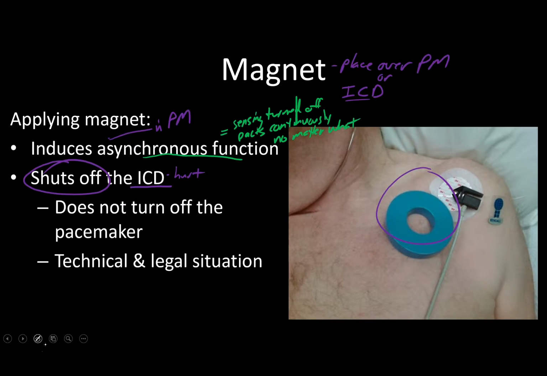Basically what happens is the pacemaker now no longer looks to see what the patient is doing and just goes ahead and paces all the time no matter what.